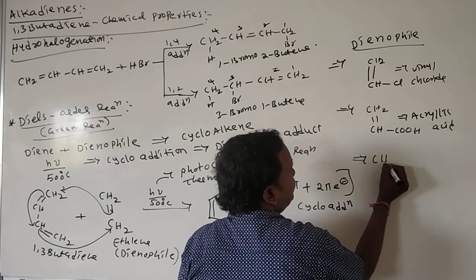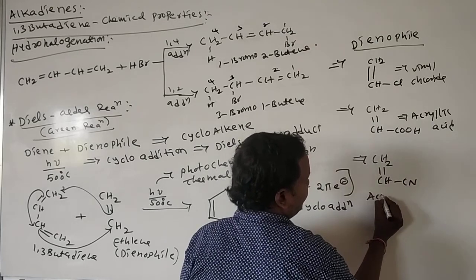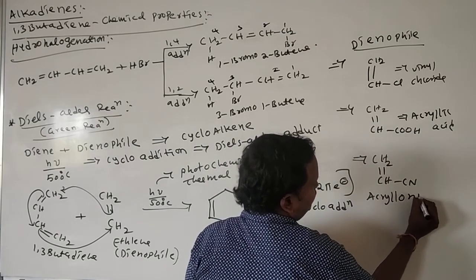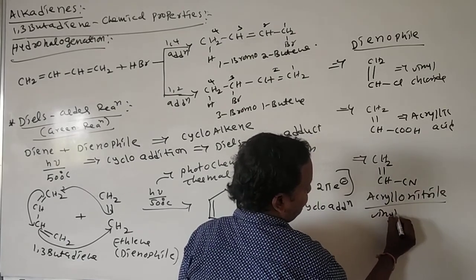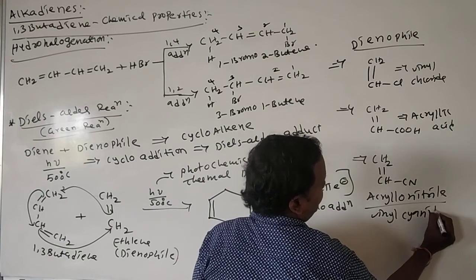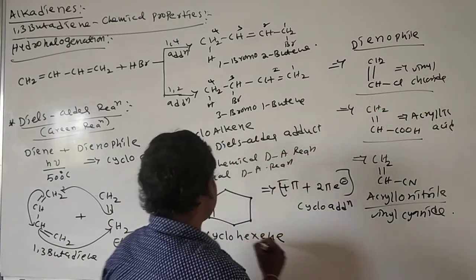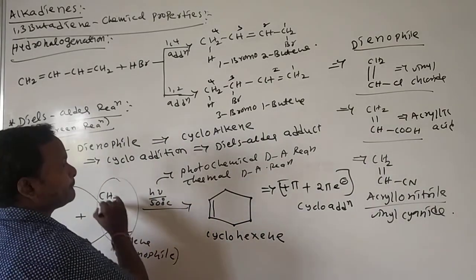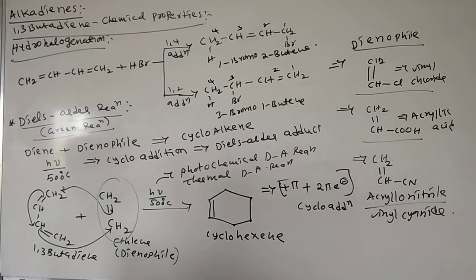CH2 double bond CHCN, acrylonitrile. Replace this alkene by these 3, with different dienes, and write the products. This is about the alkenes.